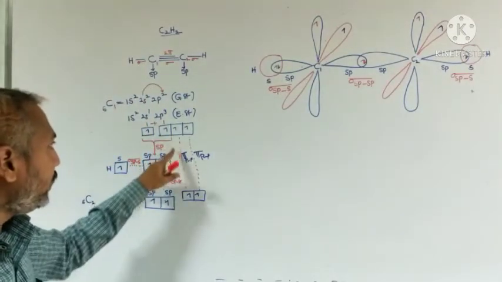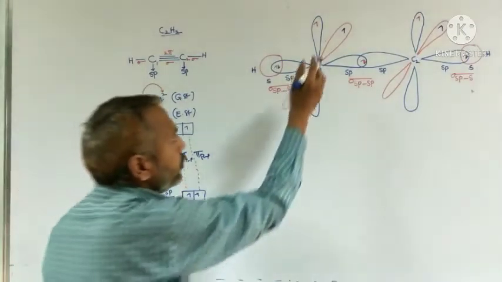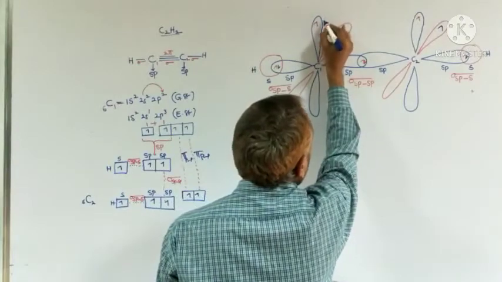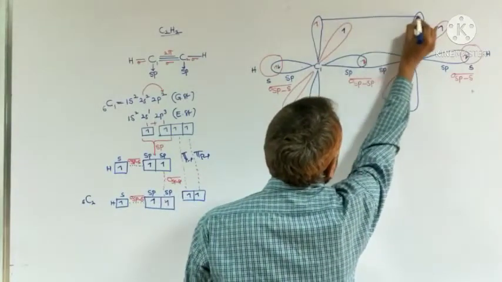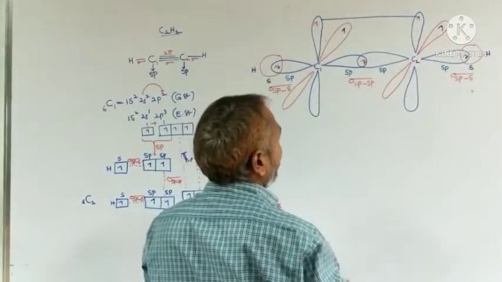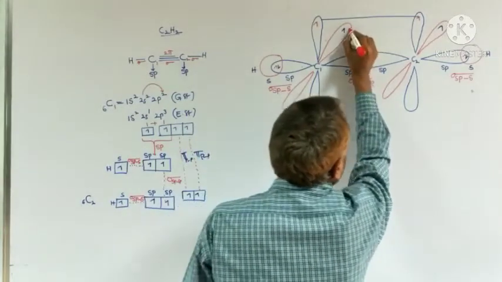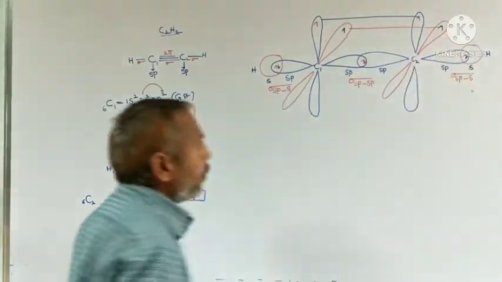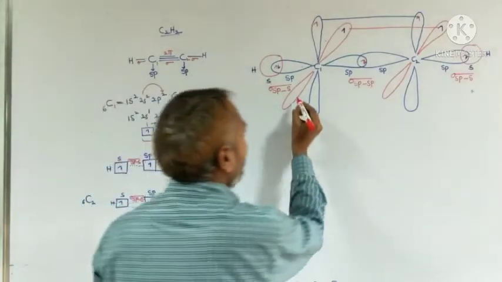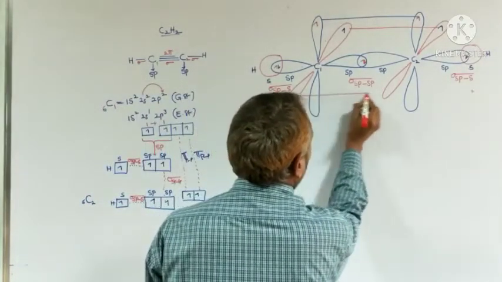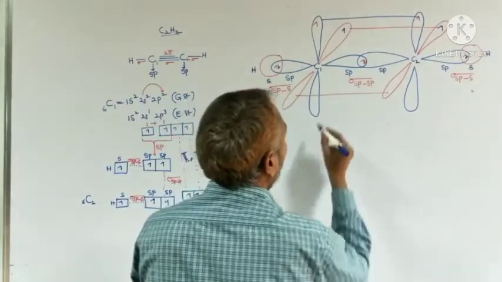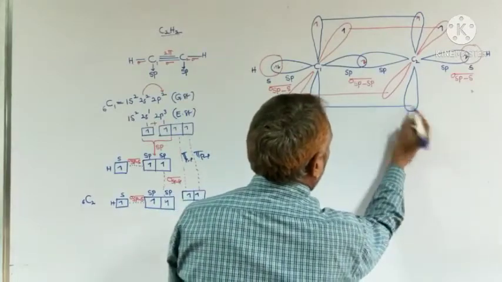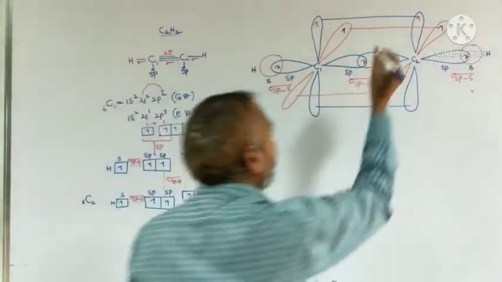Now these unpaired electrons can form pi bonds. It is one pi bond, and next it is another pi bond. How many pi bonds are there?